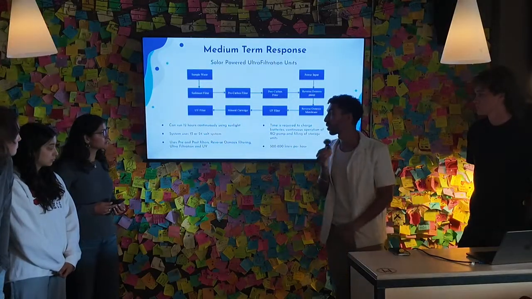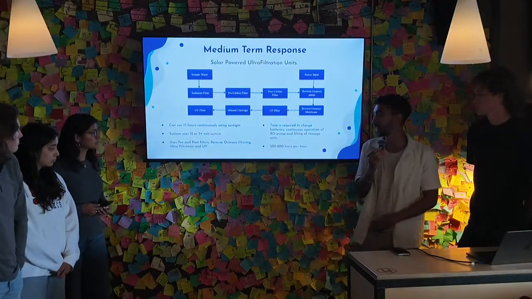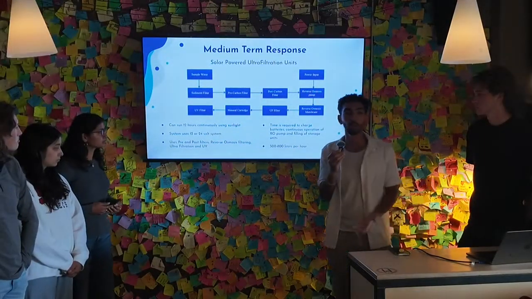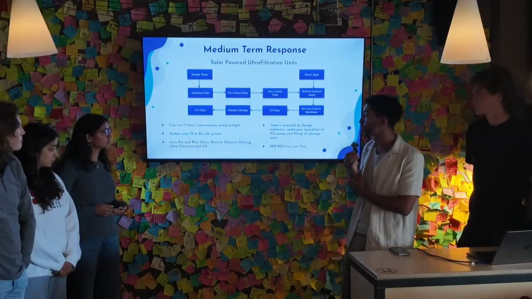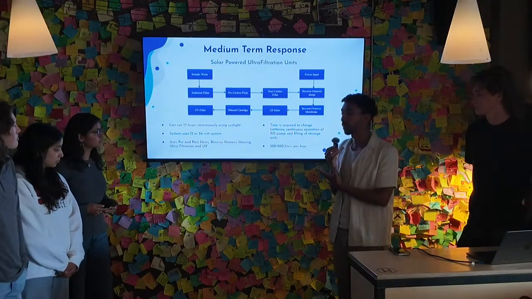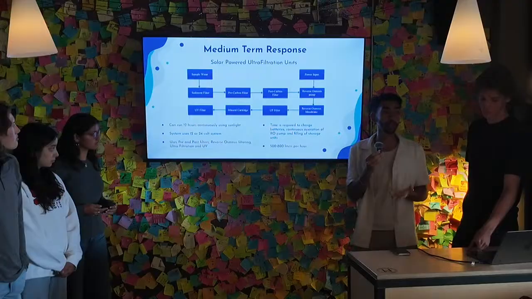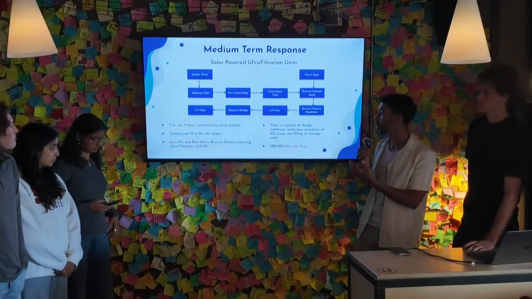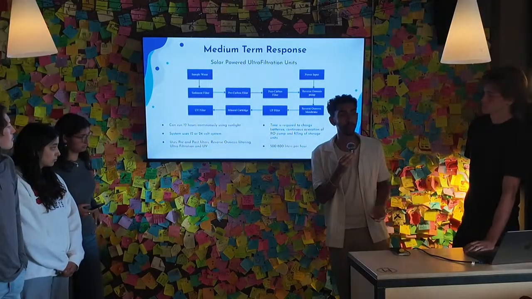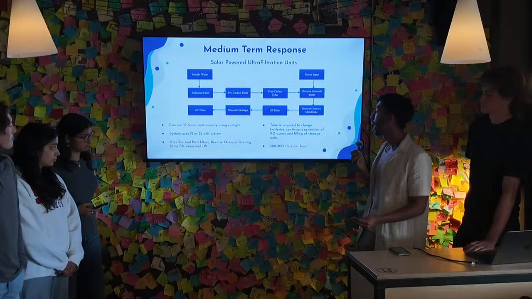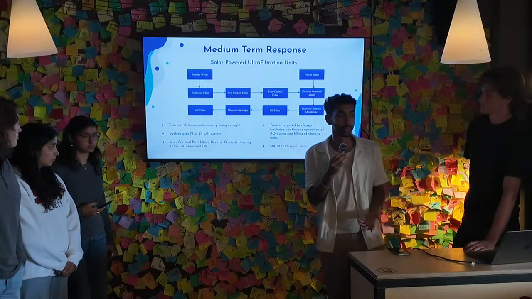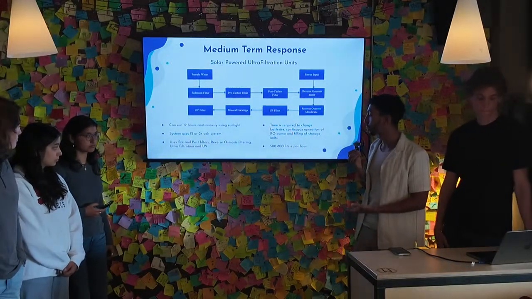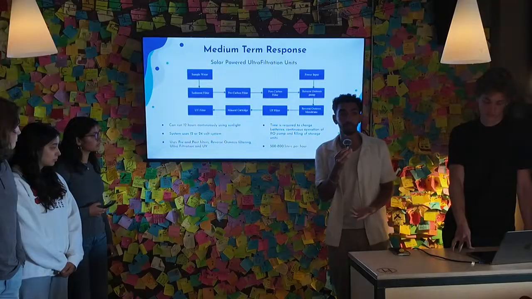So this can run for 12 hours continuously using sunlight. The system can use 12 or 24 volts. And the caveat here is that it does require some time to charge the batteries, to make sure that the pumps are operating continuously, and for the storage units to be filled. But at the end, it can produce between 500 and 800 liters per hour.